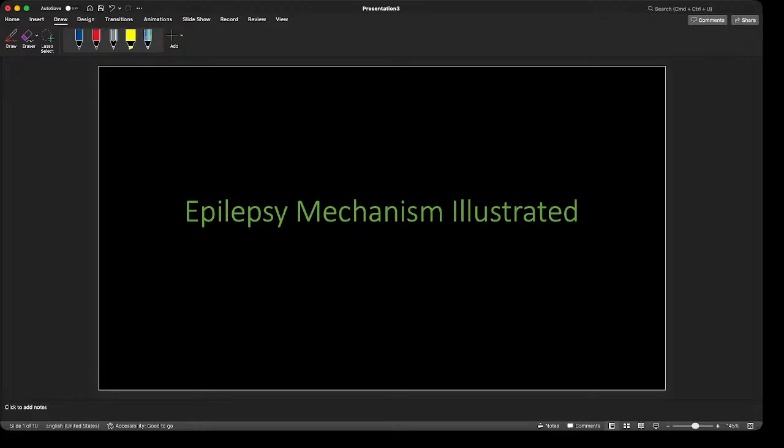Glutamate is excitatory, which comes from glutamine, which is what the neuron makes, and that releases it as an excitatory neurotransmitter. Now, normally, it stays balanced. The GABA and the glutamate get released and work so that one is balanced with the other.